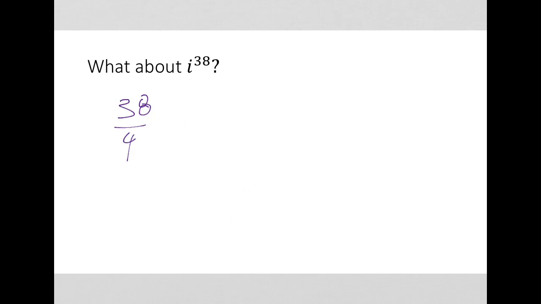So that tells me rather than getting a 1 for my answer if it divided evenly, my remainder is going to have to be 0.5 because I'm 2 out of 4 away from that whole number. So 0.5 is going to be the same as i squared, which is just negative 1.